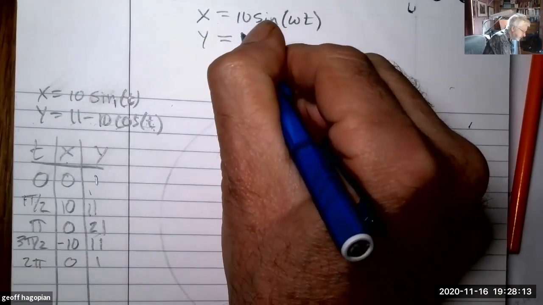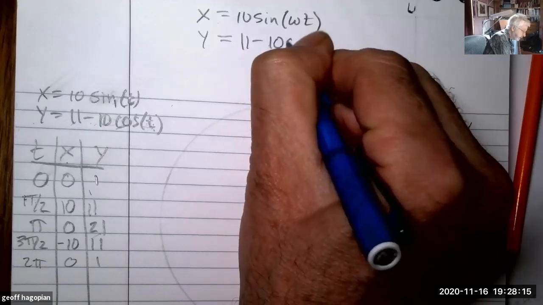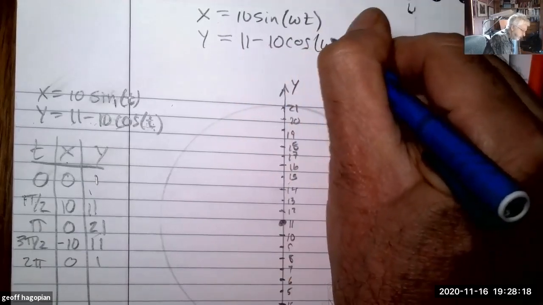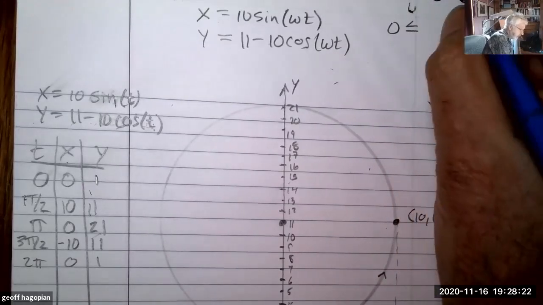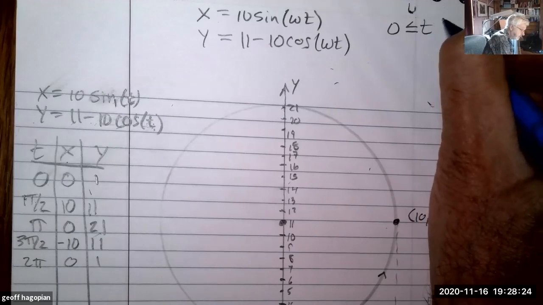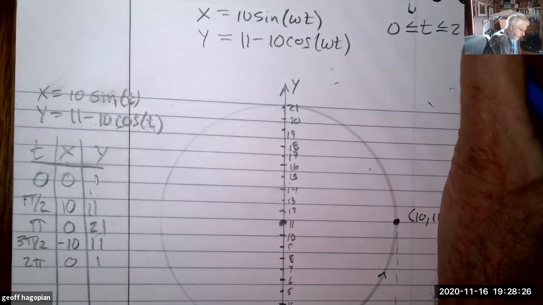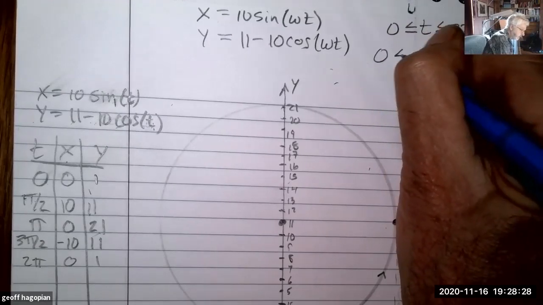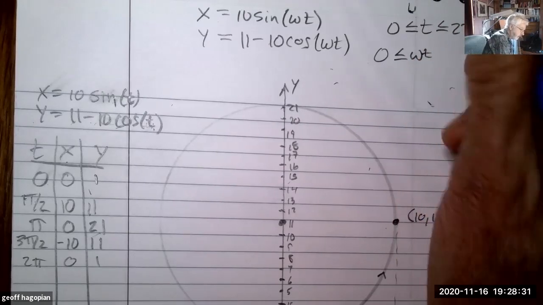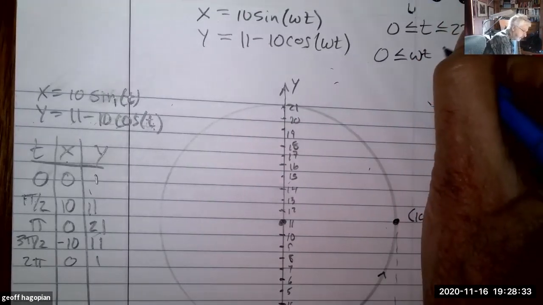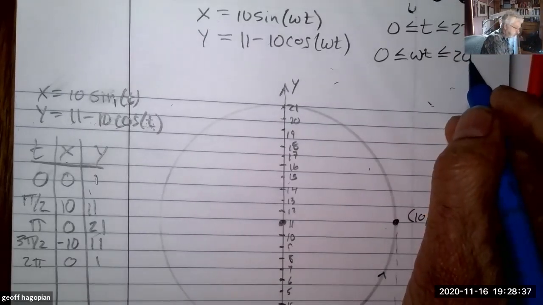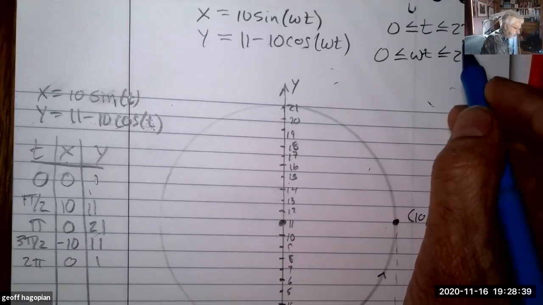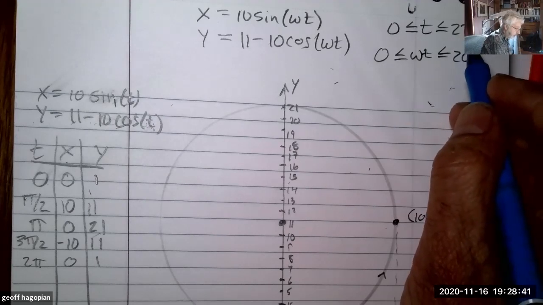And this is 11 minus 10 cosine omega t. So we'd like to say as t goes from 0 to 2 pi, we would like omega t to go from 0 to 20. So that looks like omega should be 10 over pi.